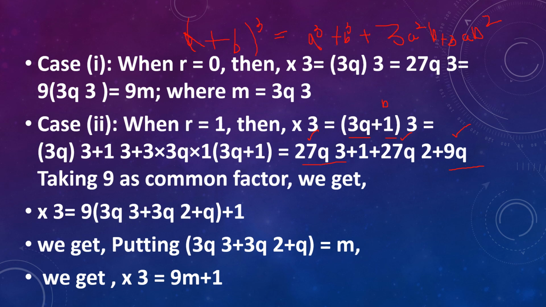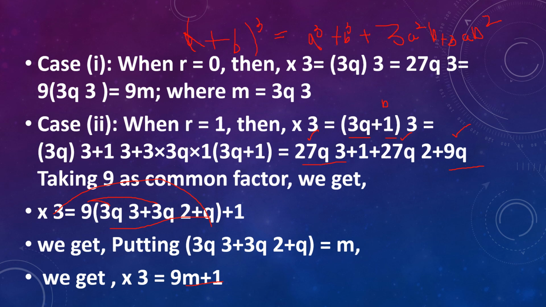All these numbers come under the 9 table, so we are going to take 9 common outside. The remaining terms we consider as m. So when r equals 1, we are getting x cube equal to 9m plus 1. You can cross-check it: when you multiply with 9 inside, you should get this expansion, 27q cube plus 27q square plus 9q.